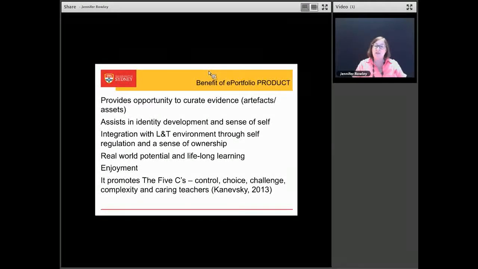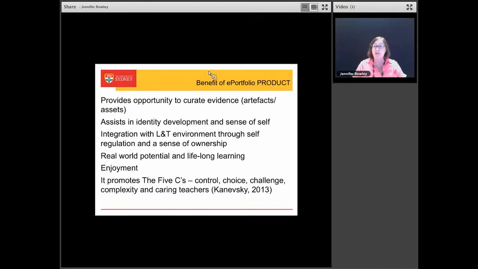But my background's in gifted education and cognitive psychology, and so I like to see that my students are not only engaged in real world problem solving and critical thinking, but I also like to think that they have challenges as well. And what I've found with the students that I work with is that when they build their ePortfolio product, they actually feel a sense of control, they feel a sense of choice.